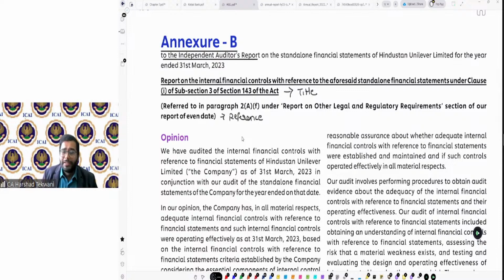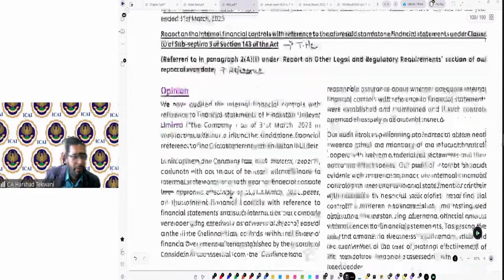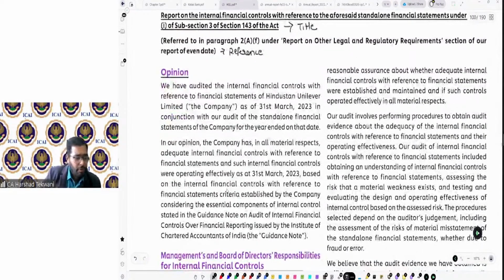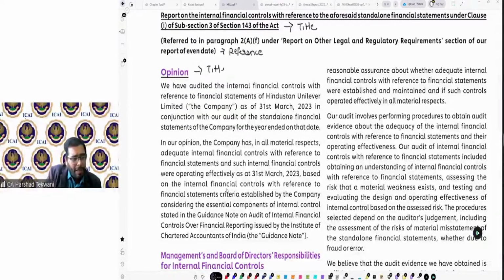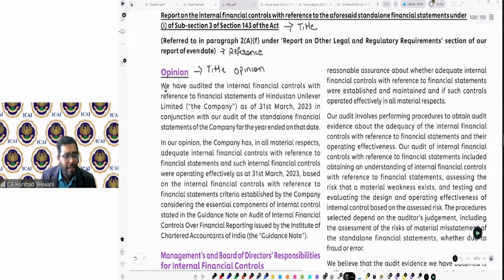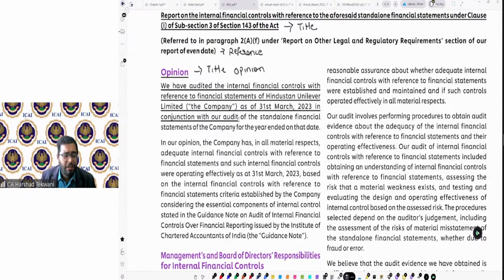We will follow the same pattern. We'll start with the opinion. We'll have the opinion over here. So this is the title of opinion, which says that we have audited the internal financial control with reference to financial statement of the company as on this particular date in conjunction with our audit of standalone financial statement of the company for that year end date.